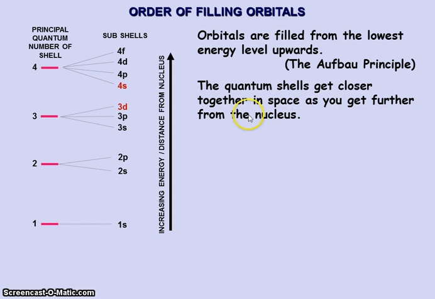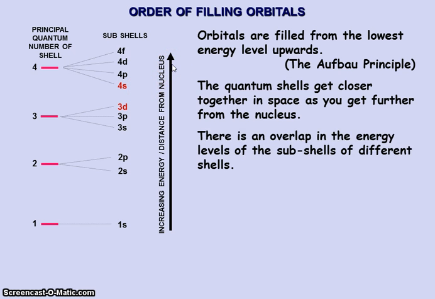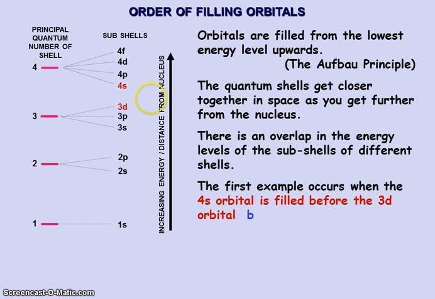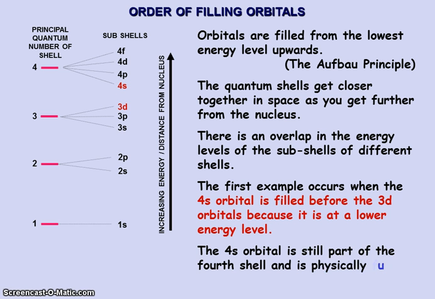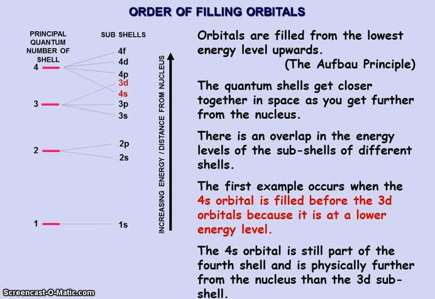But the quantum shells get closer together in space the further away from the nucleus you travel, and there is in fact an overlap of the energy levels of the 3d and the 4s subshells. So this is what actually happens: the 4s subshell fills before we put electrons in the 3d subshell.